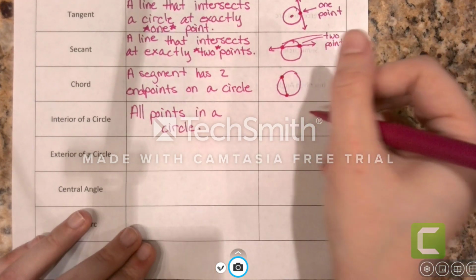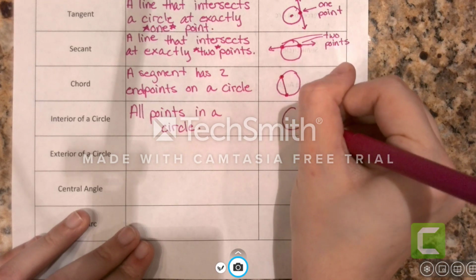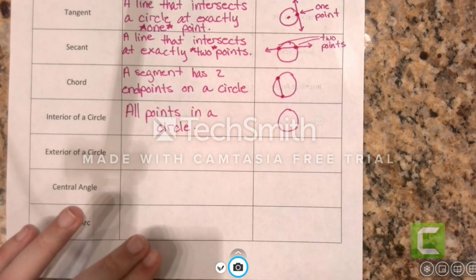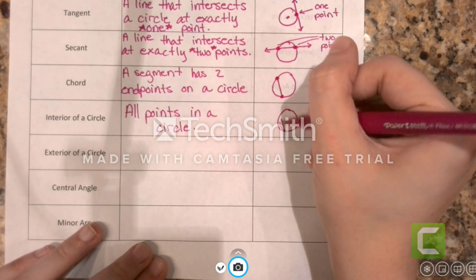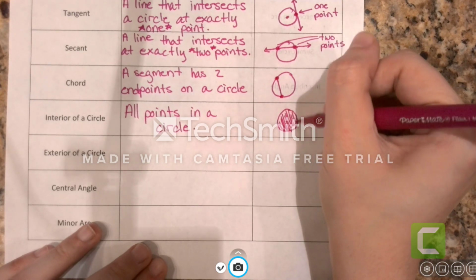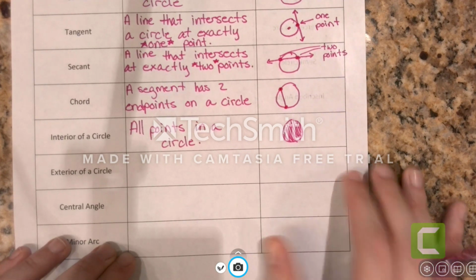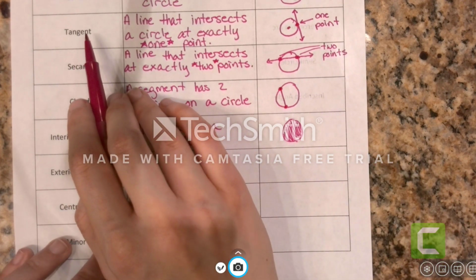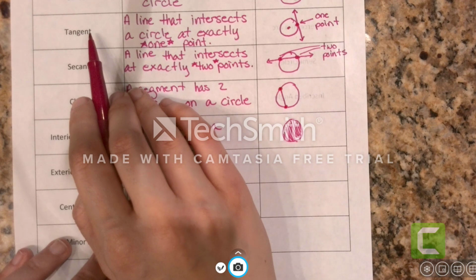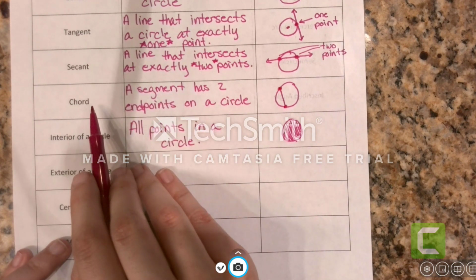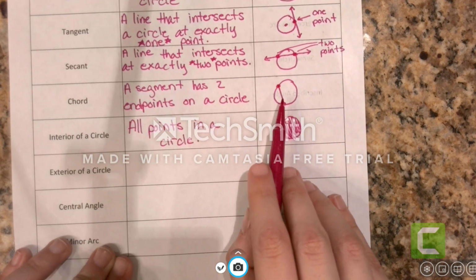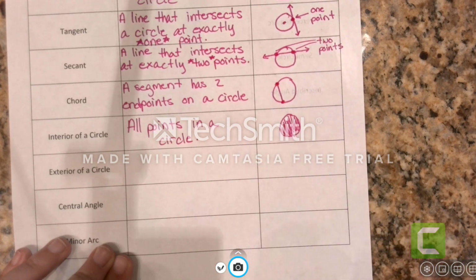So if you have figures, points, or anything of importance inside of a circle, we would say it's the interior of it. So, for example, we wouldn't say a tangent is a part of the interior of a circle, but we can claim that a chord is a part of the interior, just because it's sitting inside of our shape.